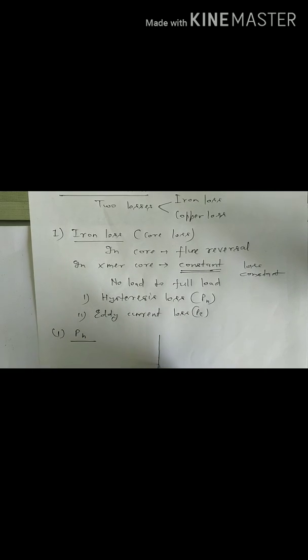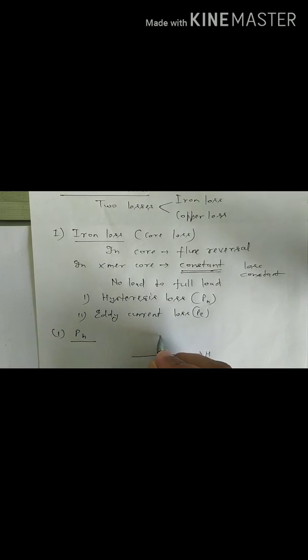If I draw BH curve, this is field intensity H and this is flux density B. At a particular field intensity, say this is H max, the flux density is B max.